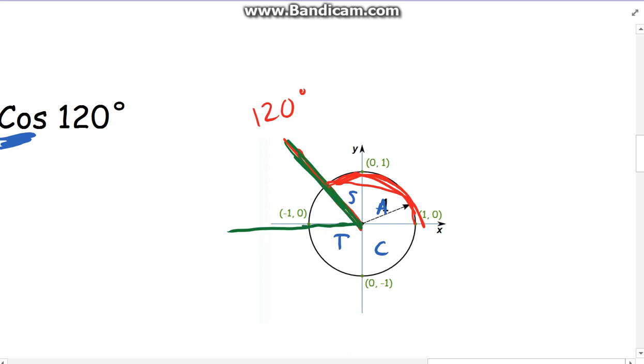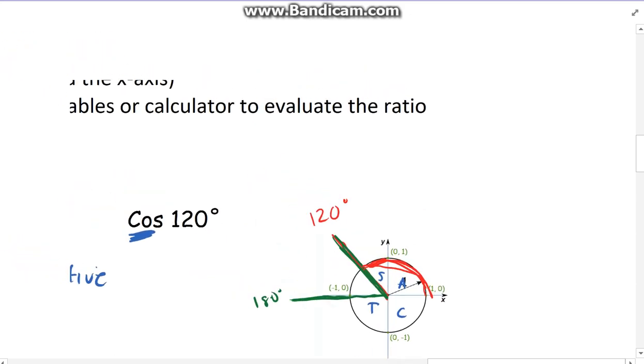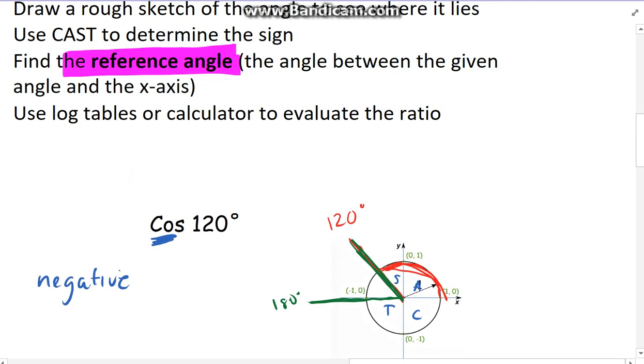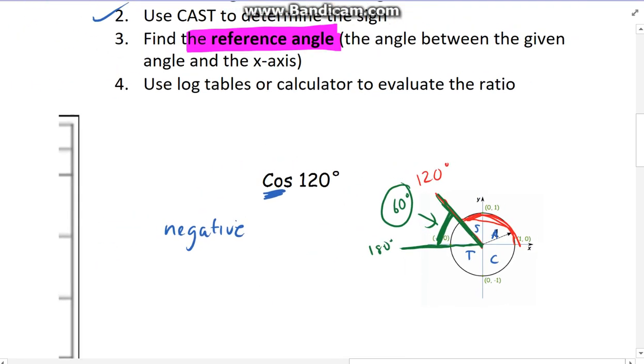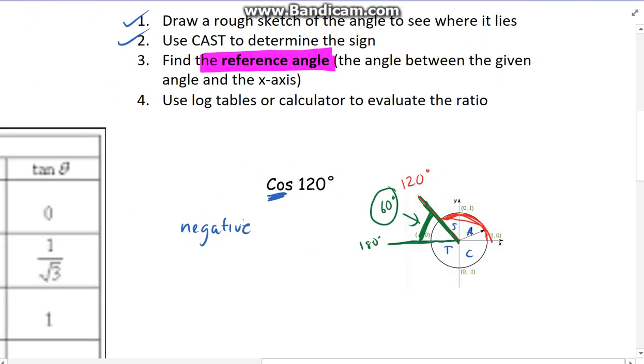And the x-axis in this case is 180 degrees, because that's what our formula said. It said the angle between the given angle and the x-axis. So the angle between the given angle and the x-axis in this case is 60 degrees. So that's our reference angle. Our reference angle in this case is 60 degrees.